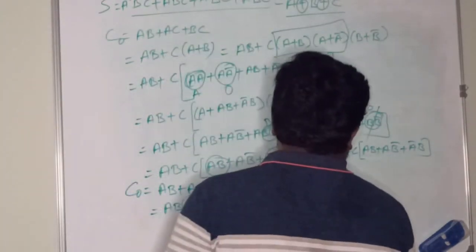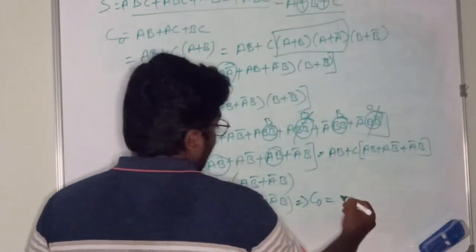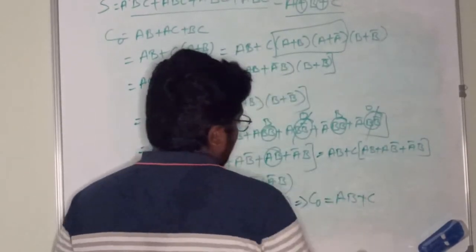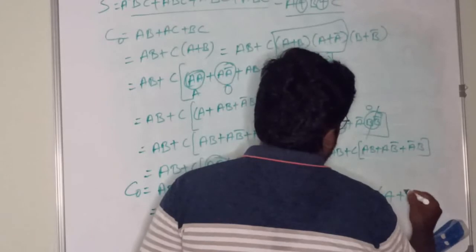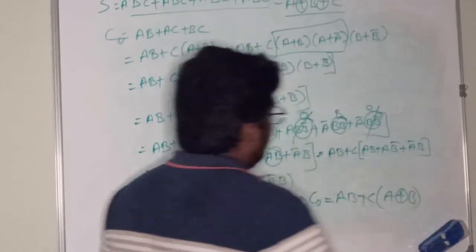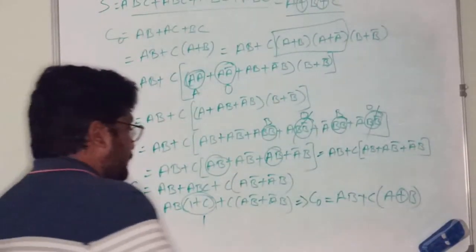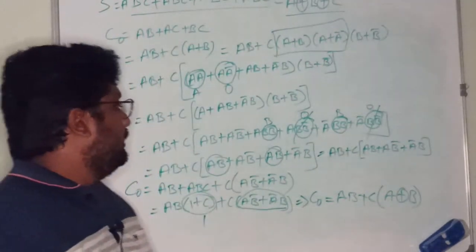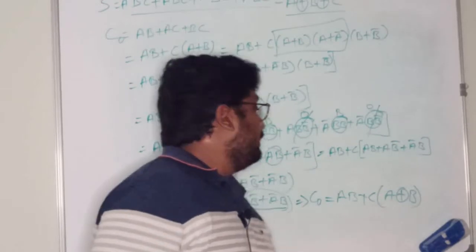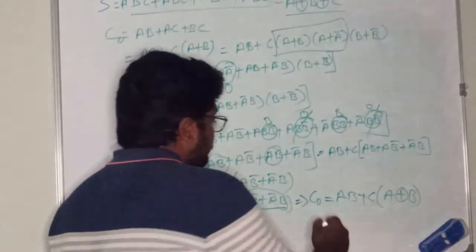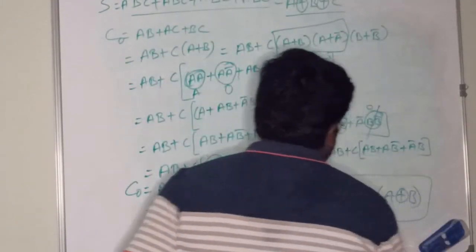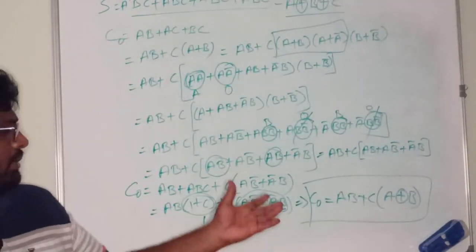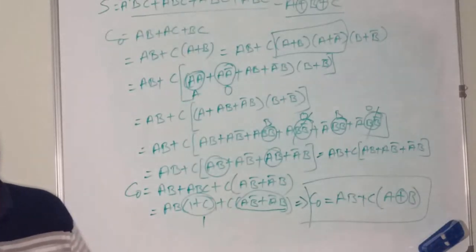So this implies C0 is equal to AB plus C into (A XOR B), right? Because AB complement plus A complement B is nothing but A XOR B. So this is the C0 expression, represented in XOR form.